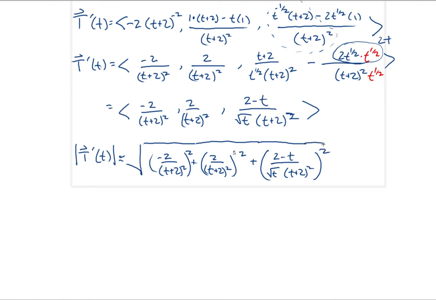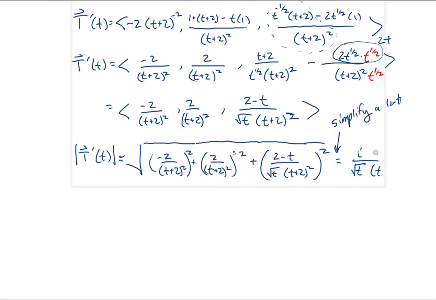And I'm just going to ask you to trust me that after I do a lot of simplification, what we end up with here is t plus 2 over the square root of t.